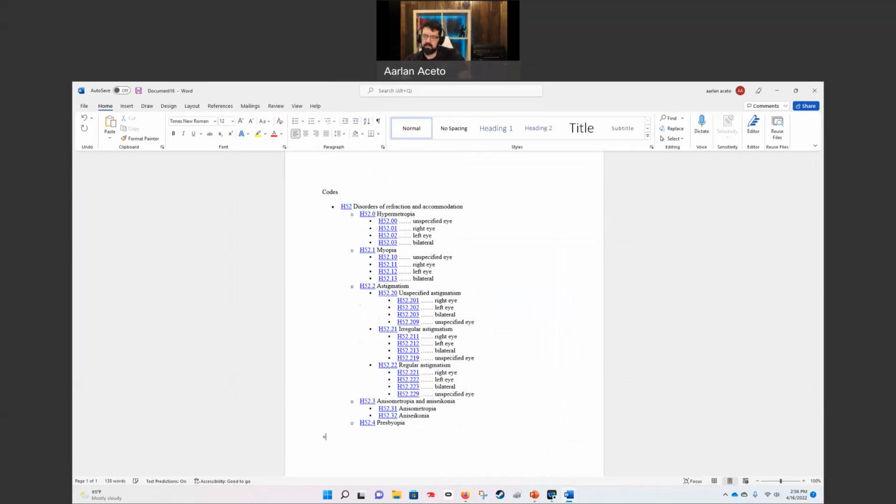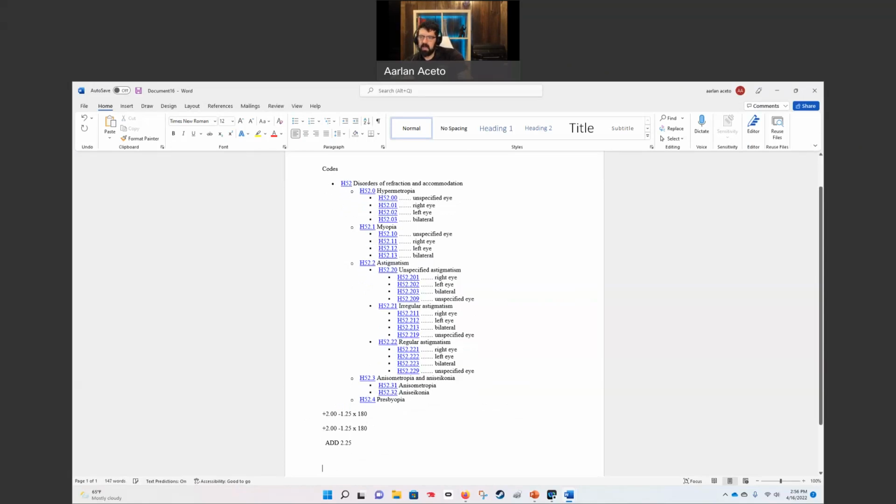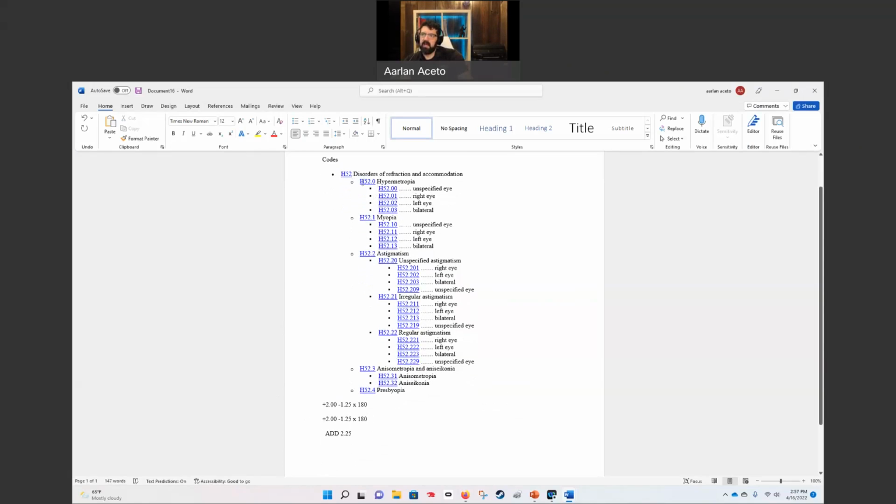So if you had a +2, -2, let's do -1, axis 180, and that was the right eye, and this was the left eye, and then they add 2.25. I would argue that they both had hyperopia. So H52 is the base, the primary, and then H52.0 means hyperopia. And then you can either say unspecified eye, I'm not sure why you ever use that, but just the right, just the left, or bilateral.